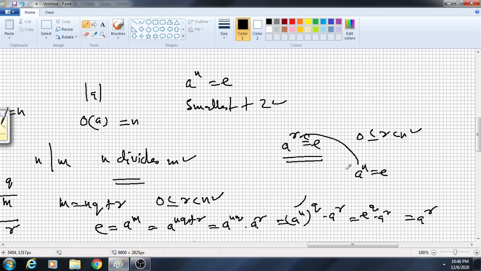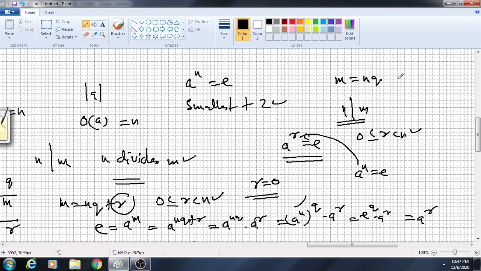So when can that be possible? It will only be possible if r is equal to 0, and in no other case, because n is the smallest positive integer with that property. So r should be 0. That means m is equal to n into q, or m is a multiple of n. That means n divides m.